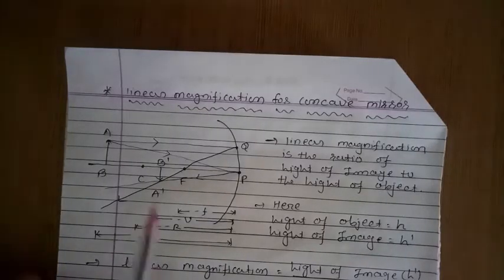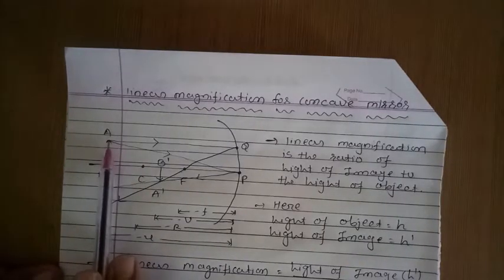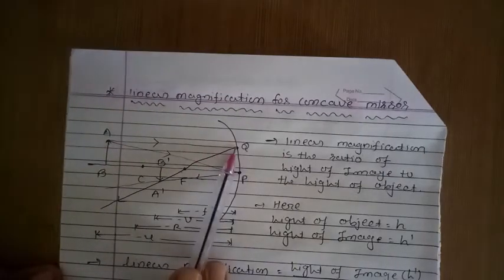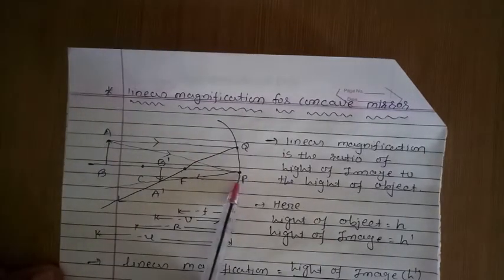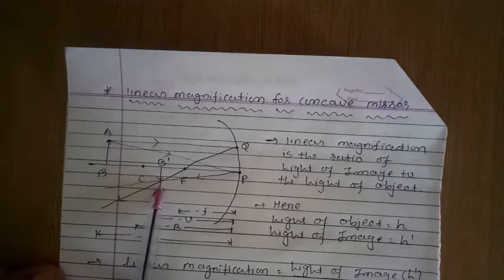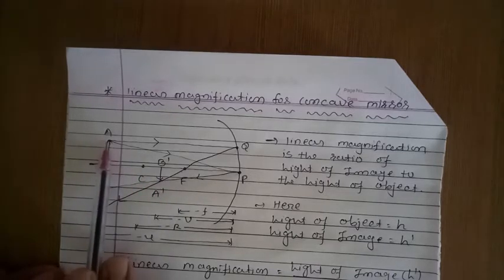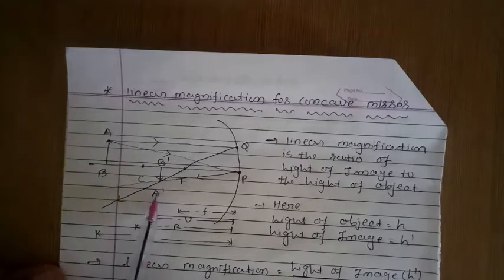So here you can see that the rays AQ and AP intersect at point A dash after the reflection. So A dash is the image of A, and we can see the image A dash B dash, right?